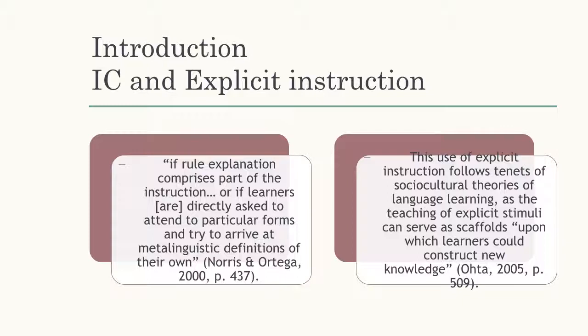We saw Ortega in class, so this is really nice to read about. And then Ota in 2005 said that this use of explicit instruction follows tenets of sociocultural theories of language learning, as the teaching of explicit stimuli can serve as scaffolds upon which learners can construct new knowledge.